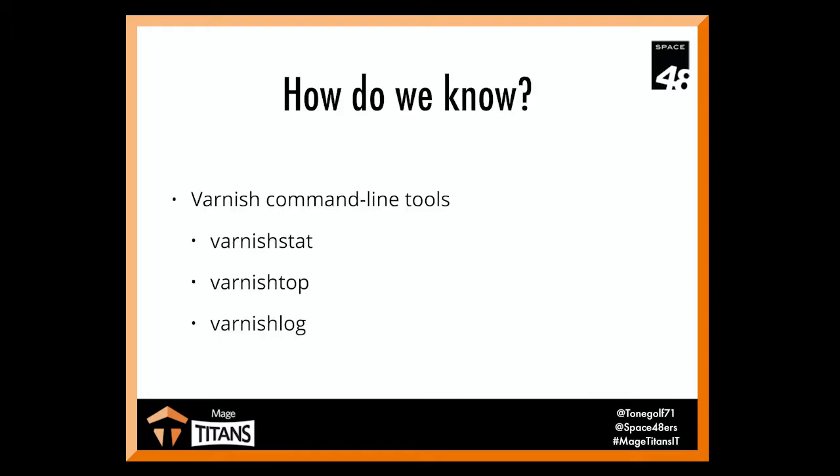But how can we tell? So Varnish does ship with several command line tools that can help, if you take the time to learn them, really interrogate what is happening in Varnish, such as Varnish Stat, that will give quite interesting statistical information, general hit rates.